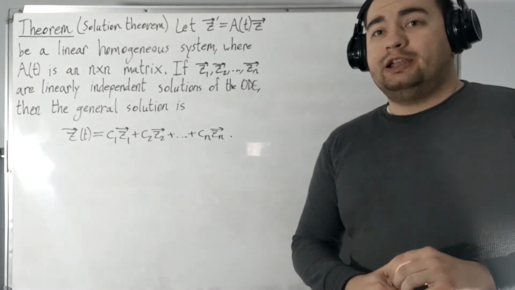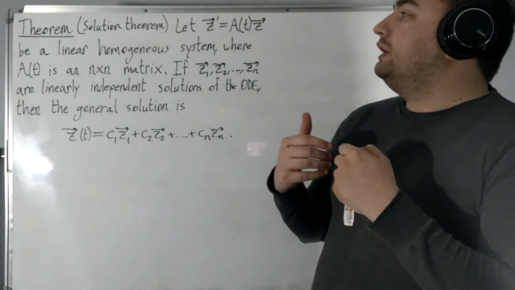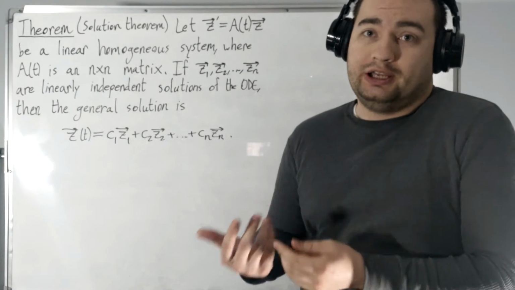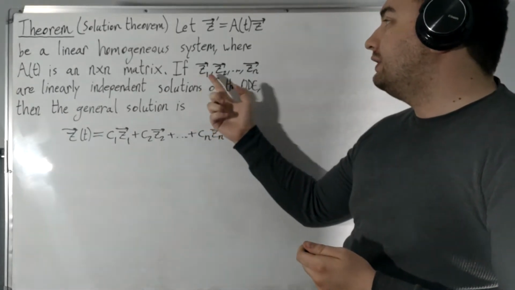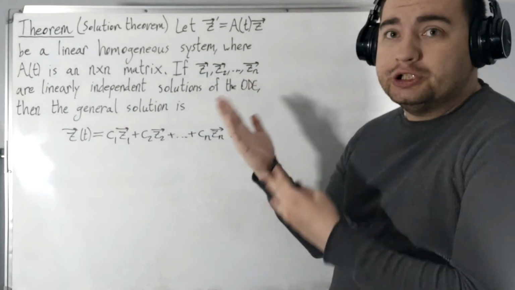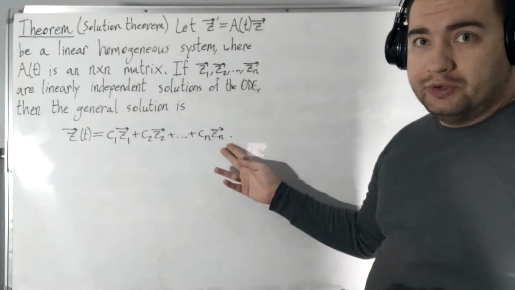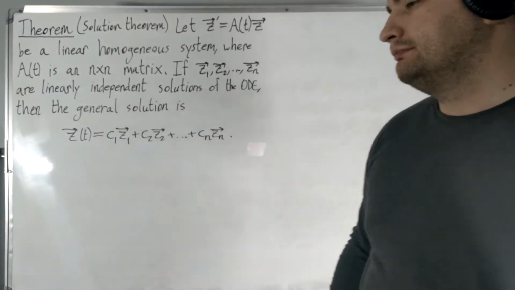Okay, so what I'm saying here is in order to work with the theory of linear homogeneous systems of ODEs, we're back to this situation where we need to find a bunch of linearly independent basis solutions and then just take the linear combinations of those, and that will be the general solution. Okay?